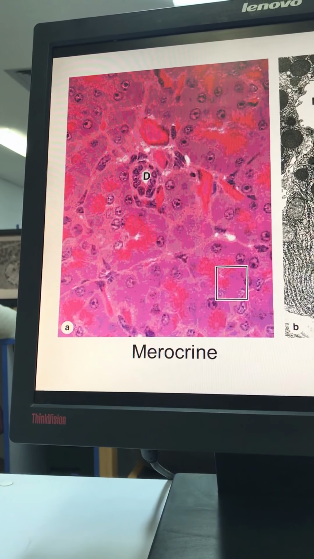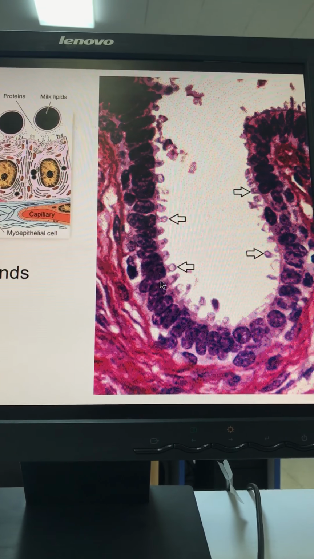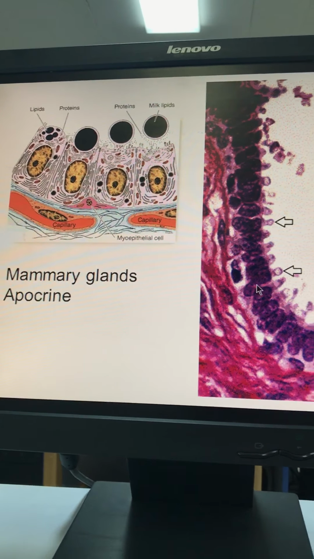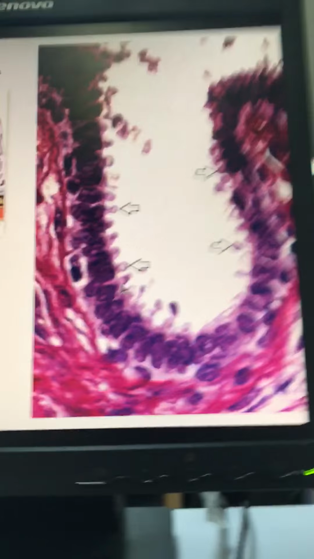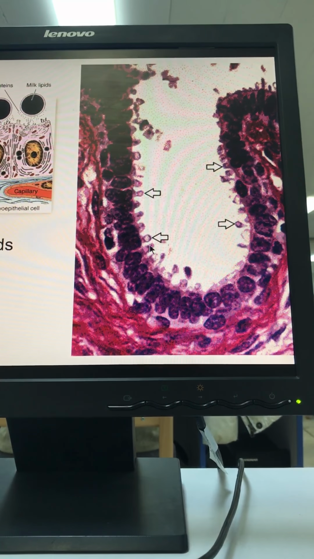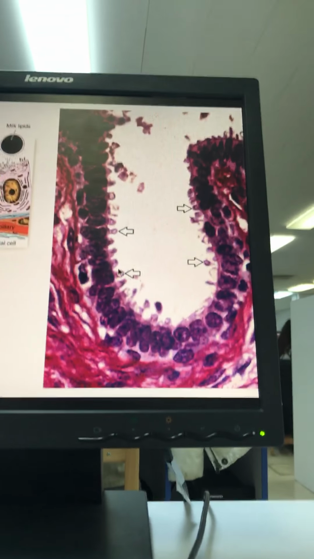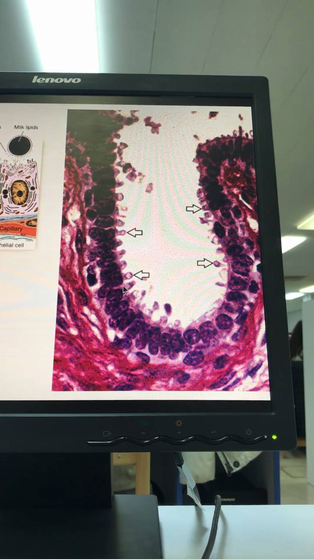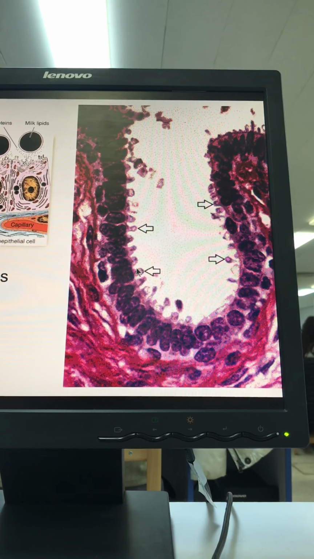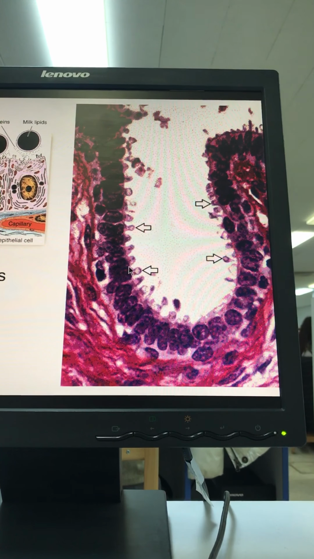And this is actually a very nice slide. This is a section from the mammary gland. You can notice that we have a single layer of cells opposing the space. You can notice the secretion leaving the apical part of the cells, enclosed or becoming enclosed with the apical part of the cell membrane.